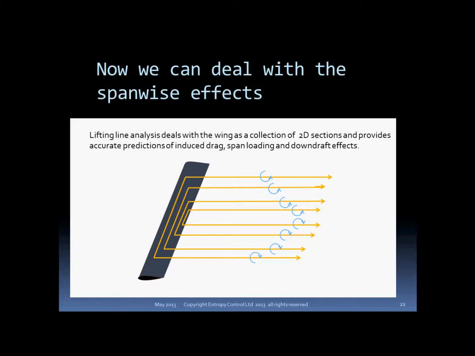So now we can use the two-dimensional airfoil characteristics that we have calculated as an input to another potential flow field to calculate the spanwise distribution of lift and the strength and position of the wingtip vortices and the induced drag. And that is a completely frictionless potential flow calculation.